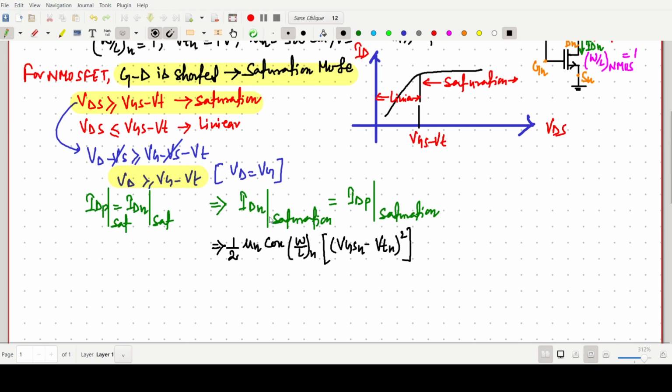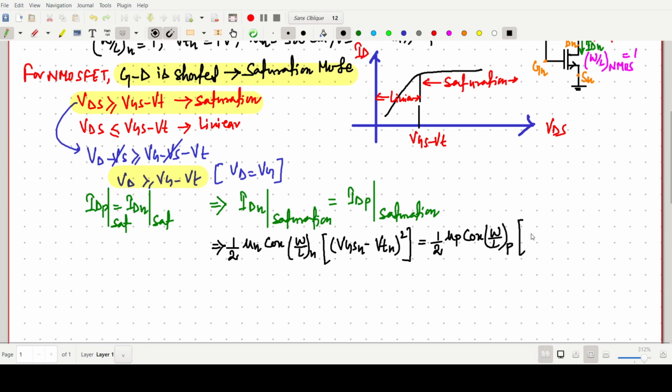Okay, the saturation current in an NMOS. Now we have to write carefully the saturation current in the PMOS, the drain current equation. So 1 by 2, we can write mu P COX W by L of P, that is our PMOS.